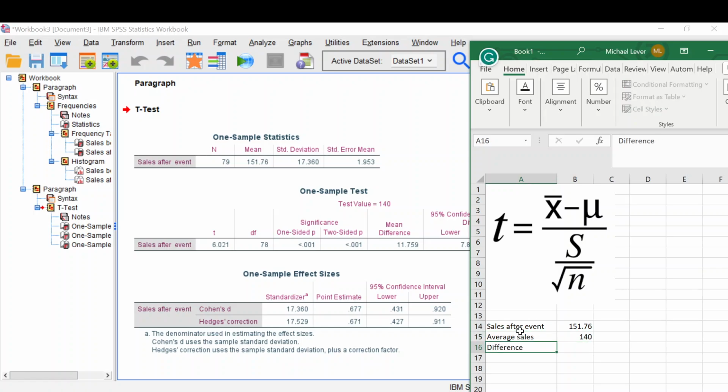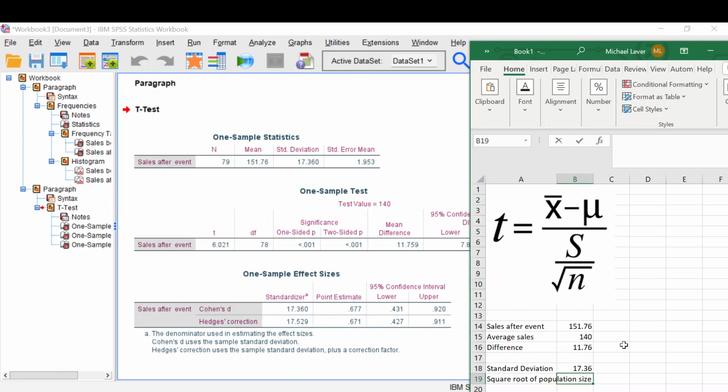And the difference is this minus this. And then we want to compare that to the standard deviation of 17.360 and the square root of the population size.